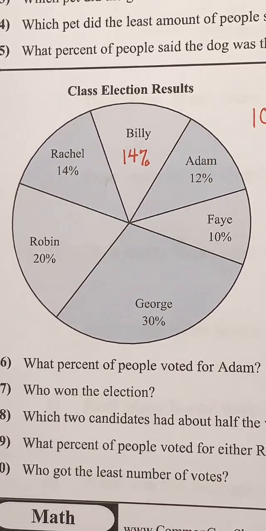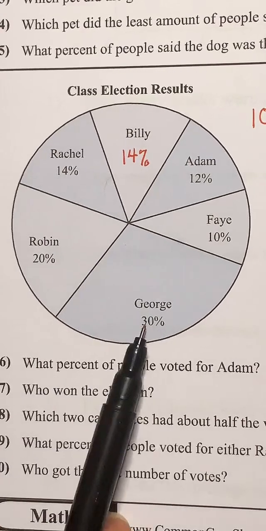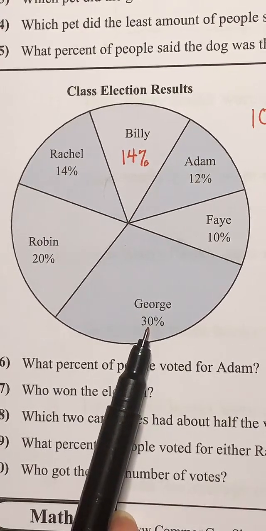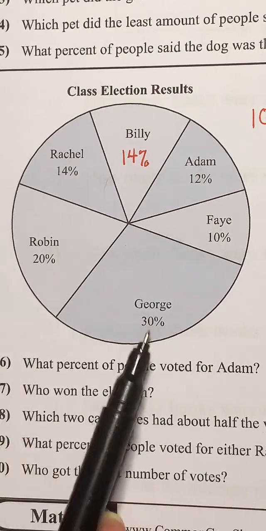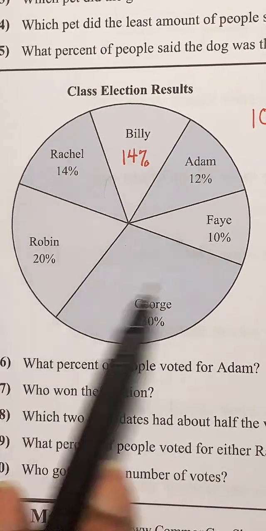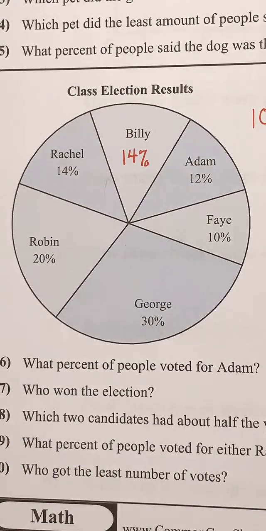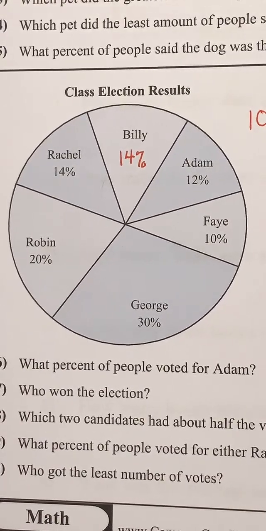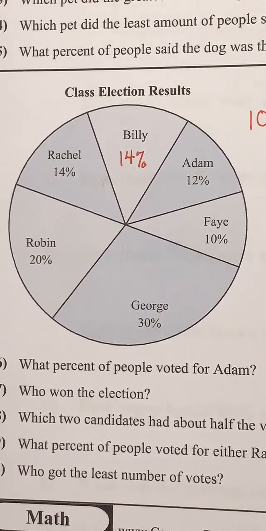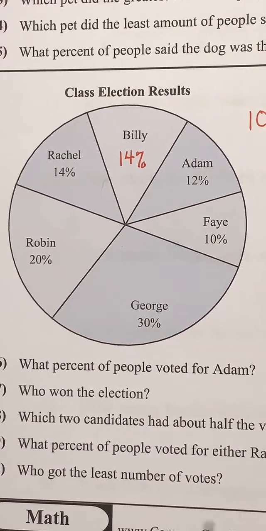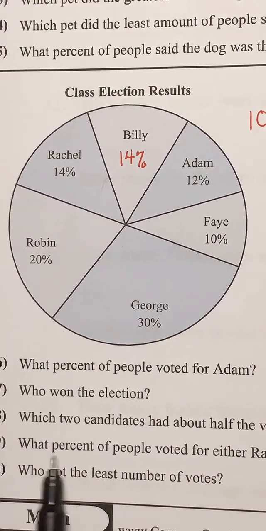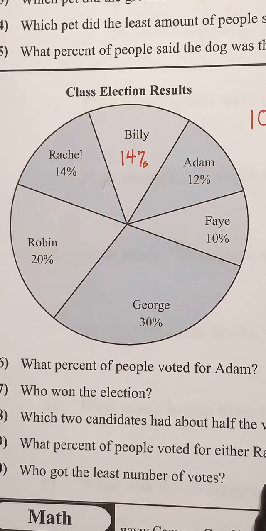So which two candidates have about half the votes? Yep, George and Robin. Good, because we got George with 30, Robin with 20. 30 plus 20, that gives me 50, so that's 50% of the votes. So I'm just going to say GNR. Guns N' Roses.